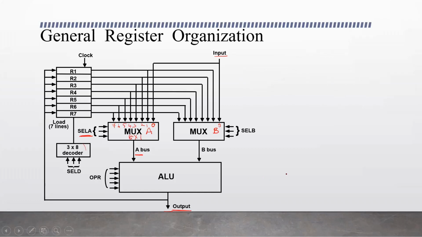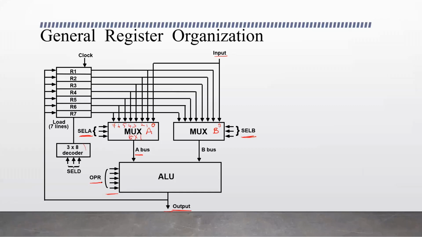It is a selection input, and SELB is the selection input to multiplexer B. And for the ALU to perform an operation, it has to select one, since the computer may perform many operations. One of the operations needs to be performed, and that is controlled by the selection lines. We have 5 selection lines here, named OPR. OPR is the operation selector for the ALU.